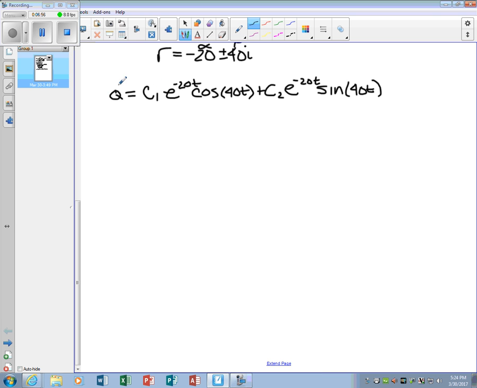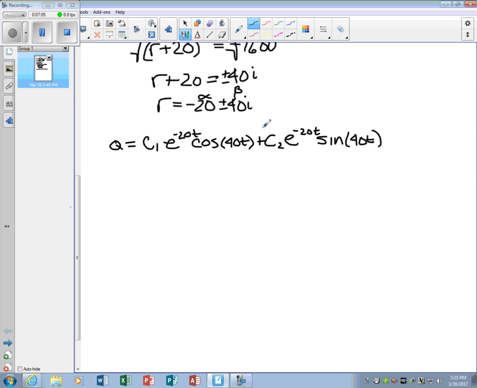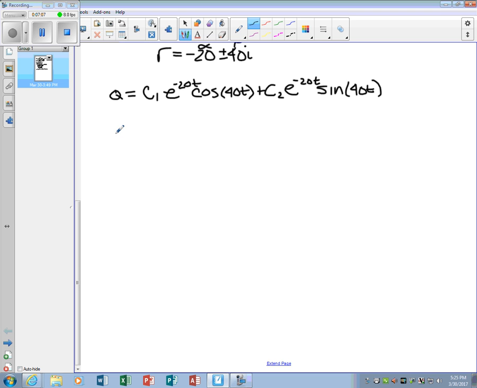Next we should take the derivative of this right away, so that when we put in the initial conditions we'll be all set and able to break it down. We're going to get quite a lot of numbers here. Actually, I'm going to rewrite Q, and that's going to make it a lot easier.